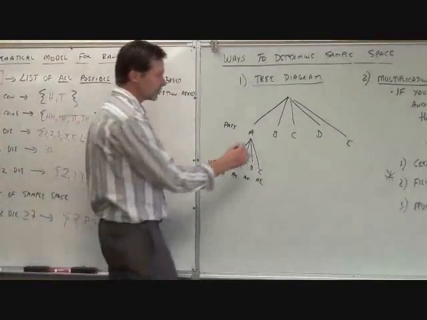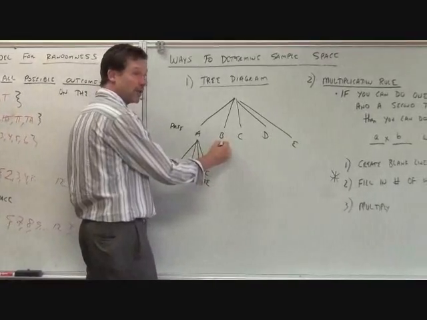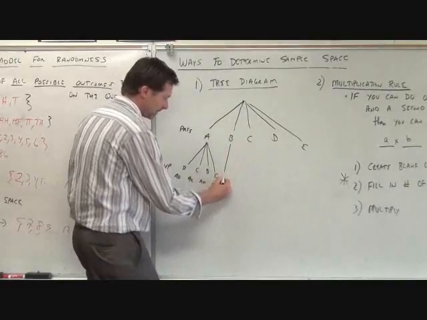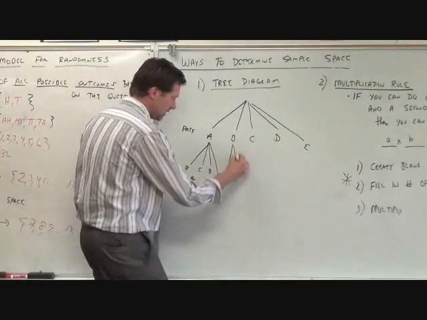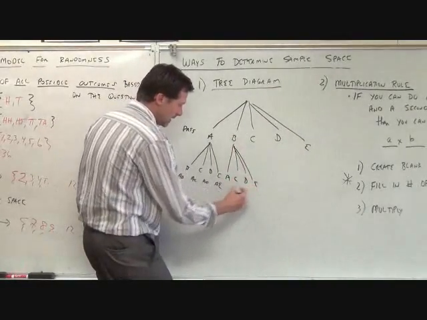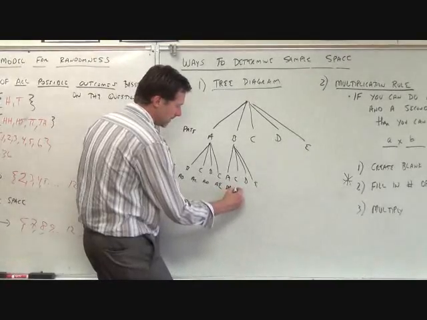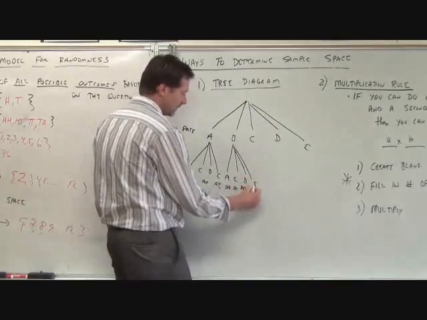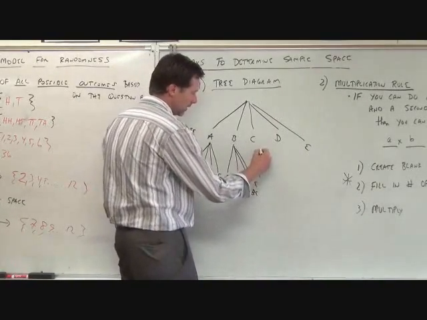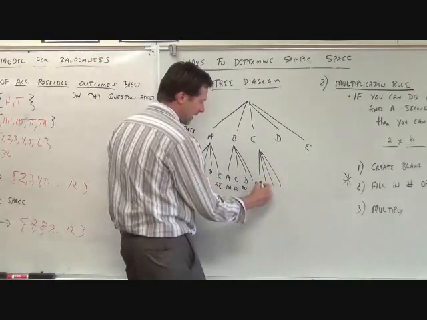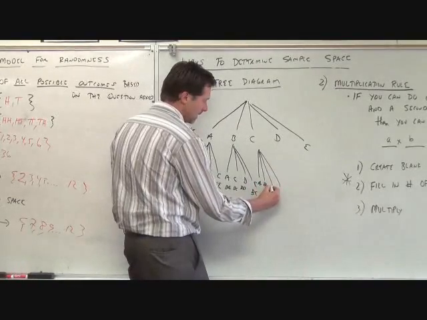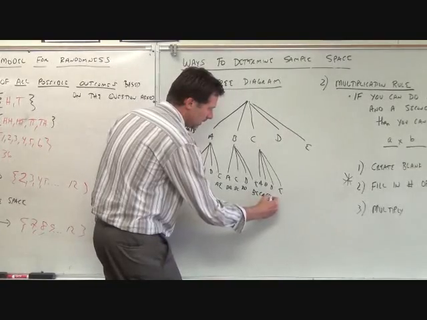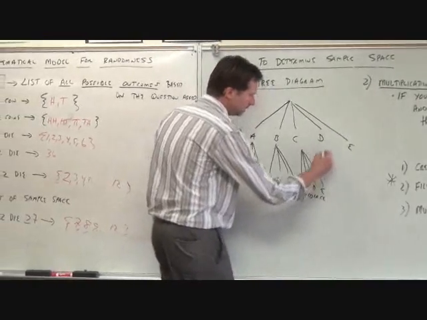All right, let's complete our tree. Right here, B is president, so how many options do I have, and what are they? A, C, D, and E. So I've got BA, BC, BD, and BE. Continuing here, I've got 4 coming off of here: A, B, D, and E. I've got CA, CB, CD, and CE.